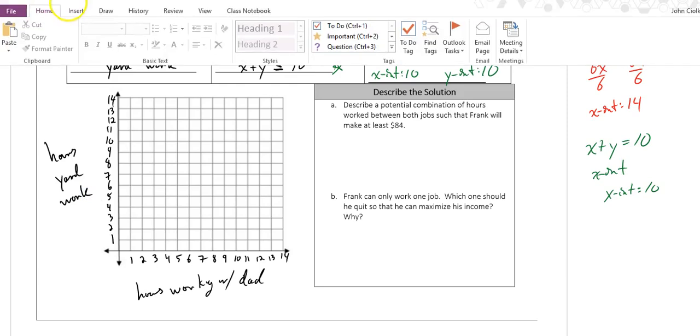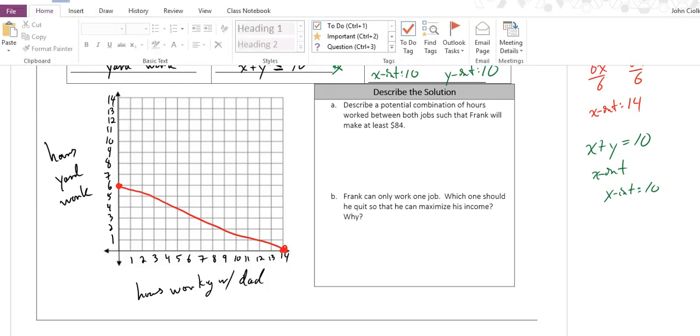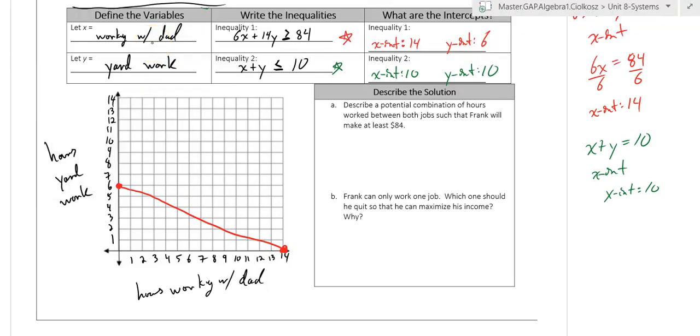So my red line here, x-intercept of 14, y-intercept of 6. It's an or equal to, so that's a solid line. For my green, 10 and 10. It's also an or equal to, so that too would be a solid line.